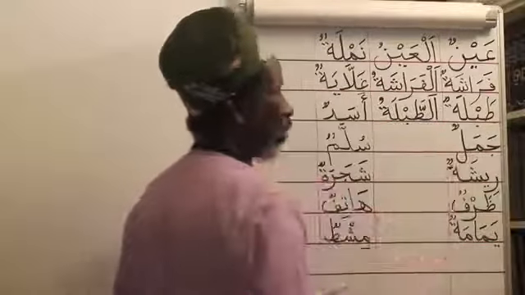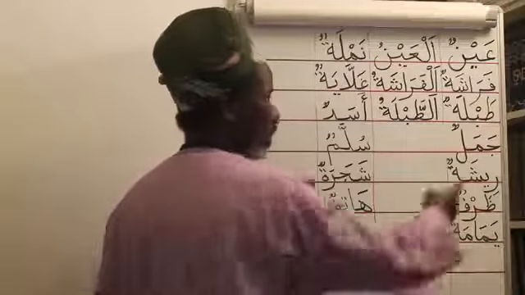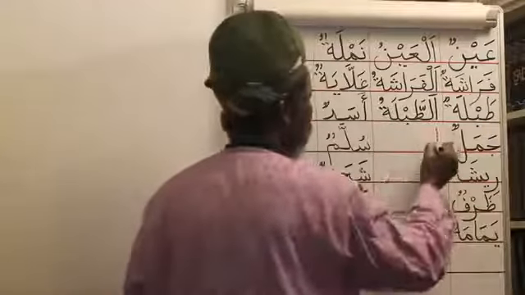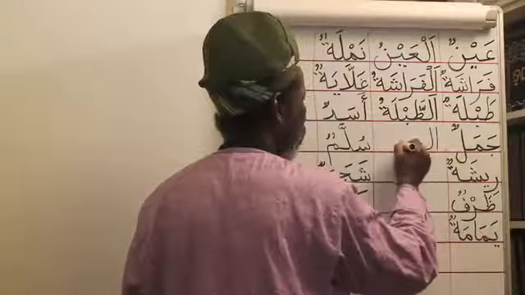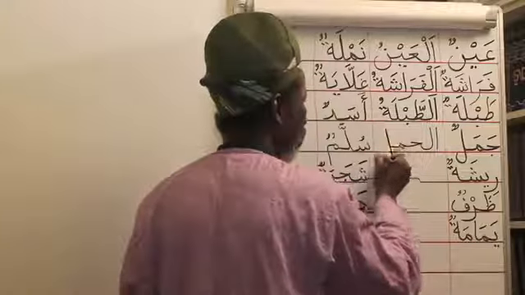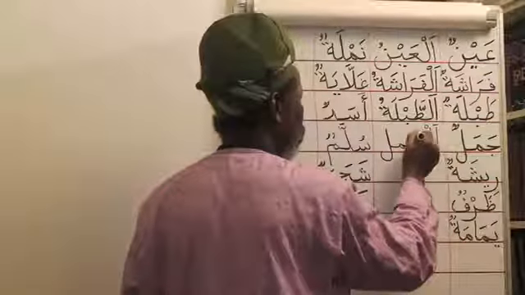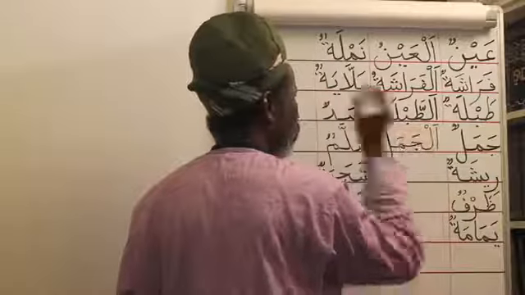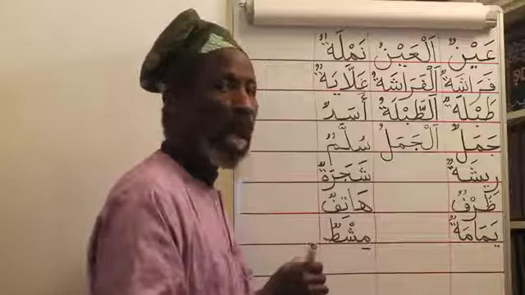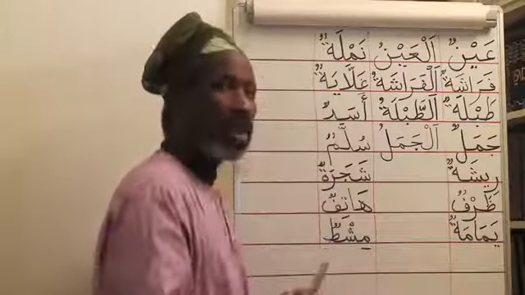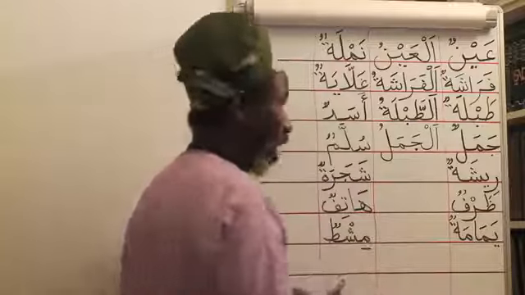Next, Jamalun. Jim is a moon letter. Al-Jamalu. We retain the sukun on the lam. Next, Rishatun, and that is a sun letter, the Ra.